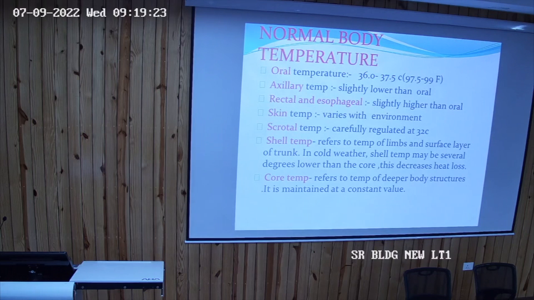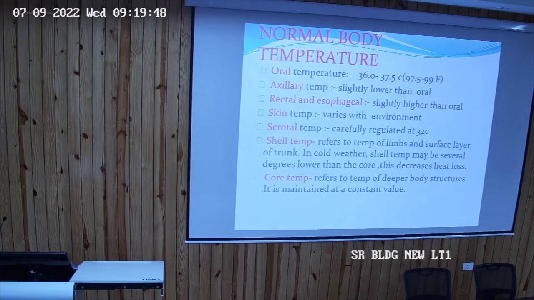So normal body temperature, or the core body temperature, also varies with the area or the part where we are taking the temperature. Pre-COVID, everybody was familiar with the clinical thermometer, I think. And post-COVID, we are facing a different type, infrared thermometers.